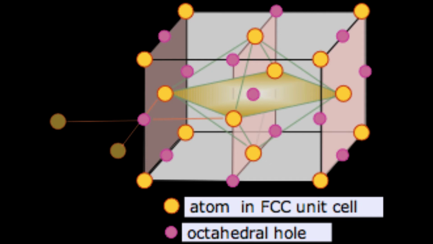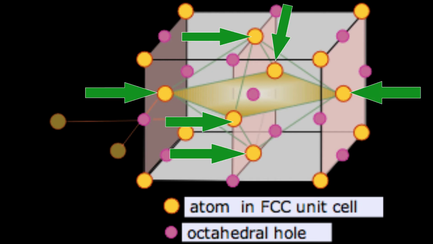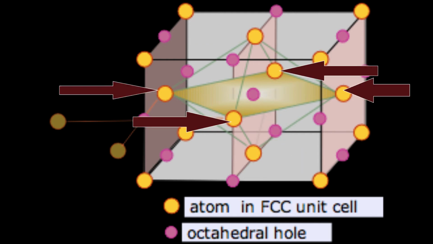Take a pink atom which is at exactly the center of the cube. What will you find? It is closely surrounded by 6 yellow atoms. How are those yellow atoms located? See, 4 are in the square plane. Those 4 are at the centers of faces. They are in the horizontal plane.